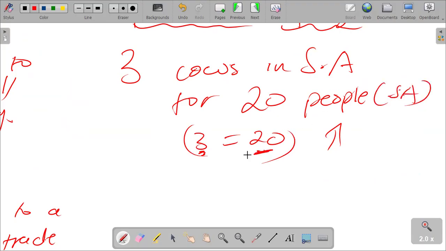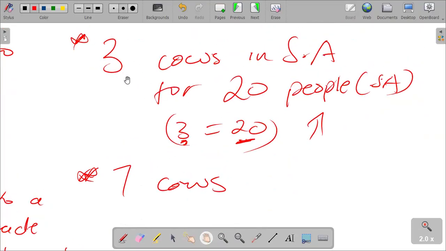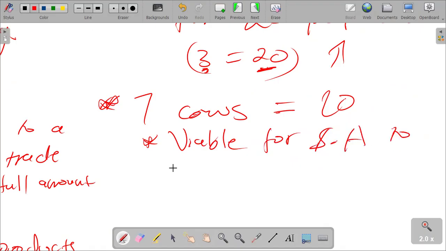So there's no international trade based on this example. But if now we have 7 cows, it means what? Our production capacity increased from 3 to 7. And still we have 7 cows for 20 people. Then it's viable for SA to sell cows, or rather to export cows.